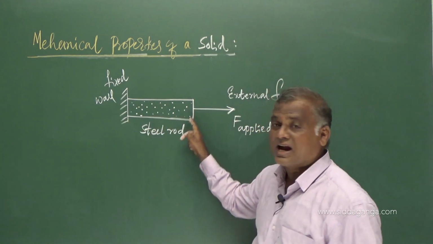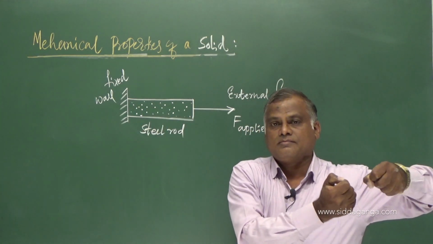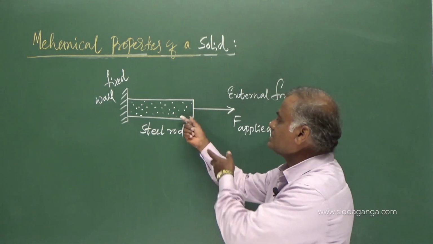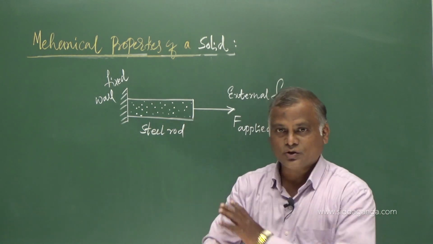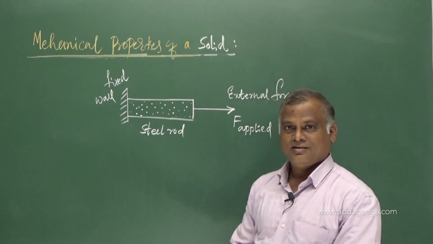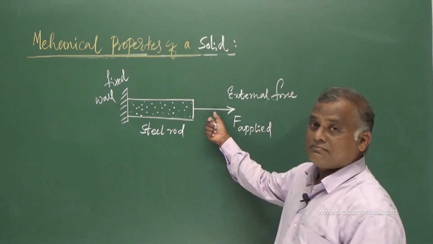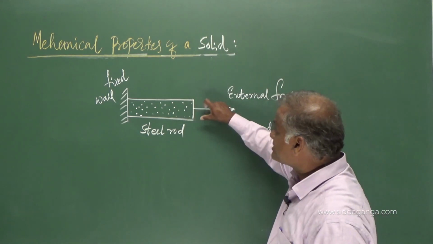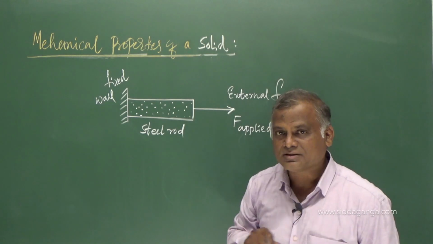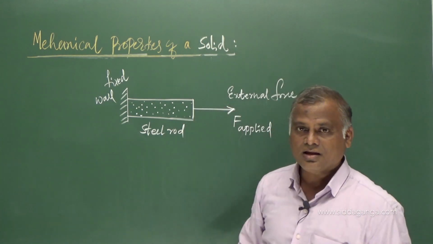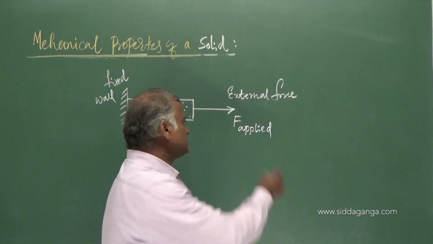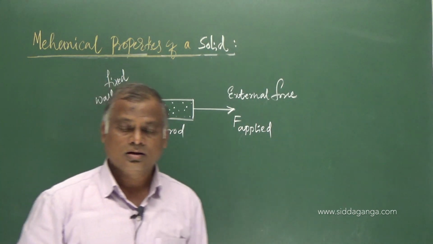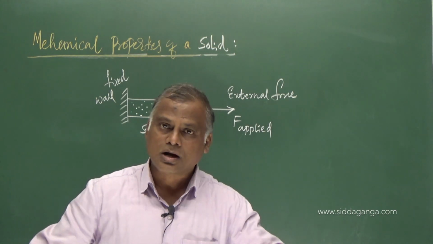The other free end is pulled by means of a machine. We cannot pull the steel rod by hand, otherwise you will get strained. With the help of some machine, you are pulling this. Now tell me what happens. Does this steel rod get stretched easily like a rubber?